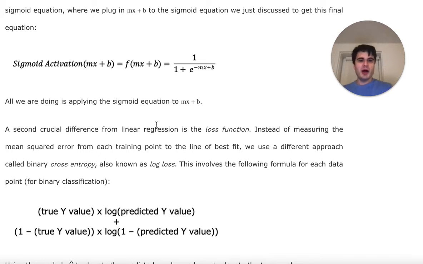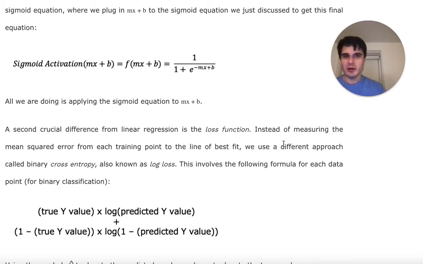The other difference between linear regression, besides the parameters that we're trying to learn, is the loss function, or the function that we're trying to optimize to minimize the loss. Remember, in linear regression, it was mean squared error. We wanted to minimize the difference between the true value and what's predicted, squared.